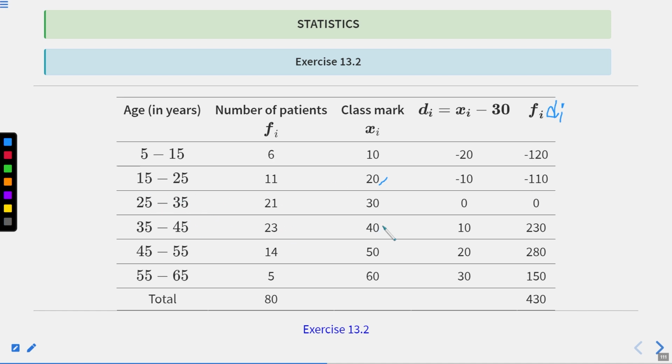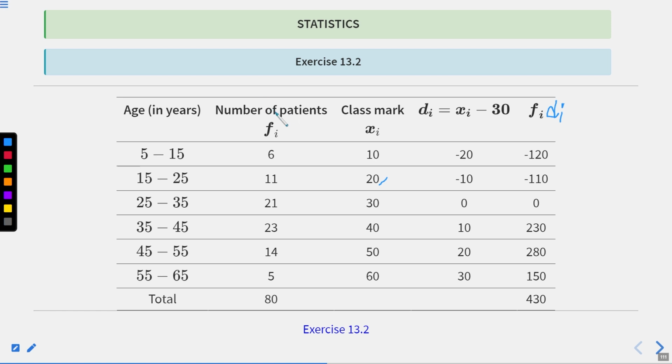For the next class, xi is 30, di is 0, and fi di is 0. For 35 to 45, the class mark is 40, di is 10, and fi di is 230. For the next class, xi is 50, di is 20, and fi di is 280. For the last class, xi is 60, di is 30, and fi di is 150.